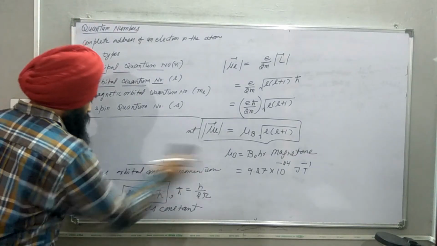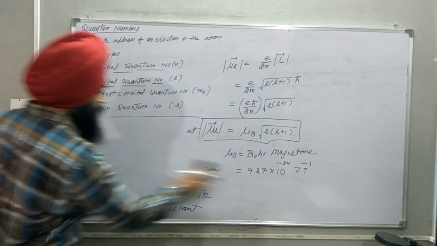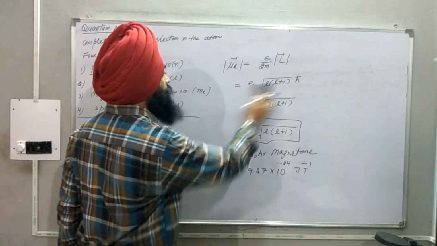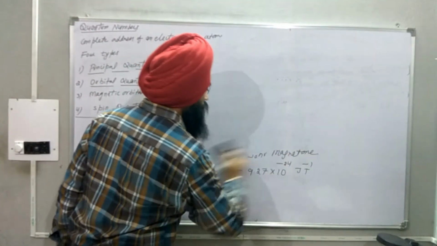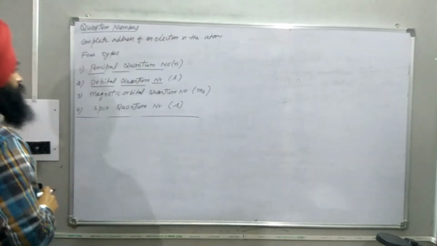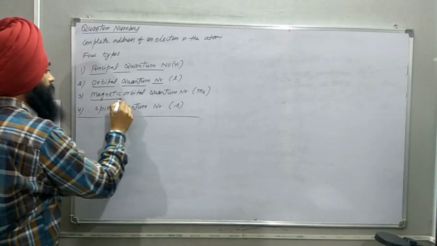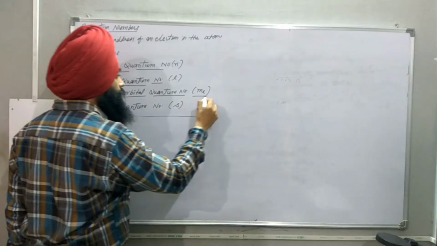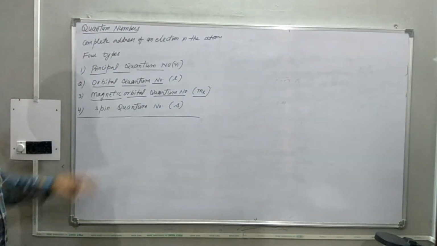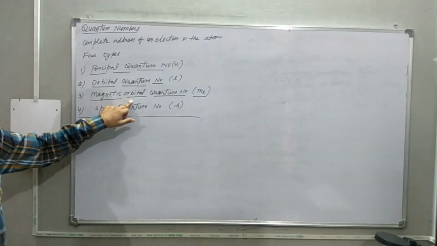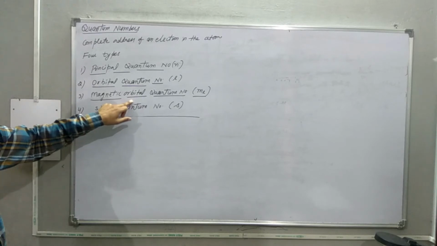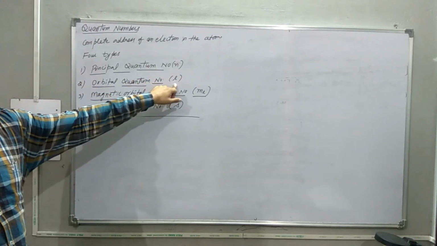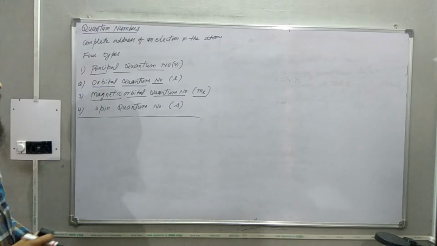So now let us switch to the third quantum number, which is called the magnetic orbital quantum number. Basically, this quantum number represents the orientation of orbital angular momentum L in the space around the nucleus.